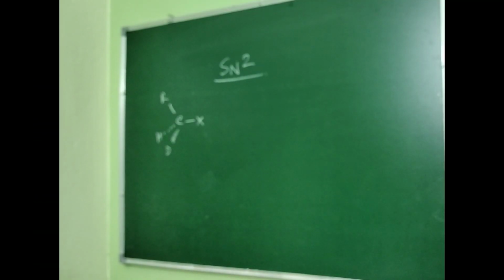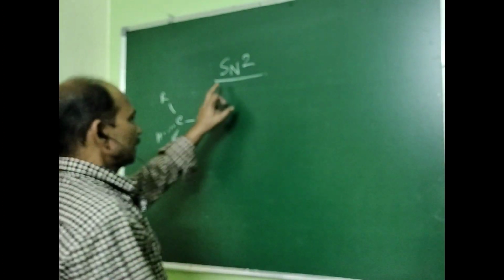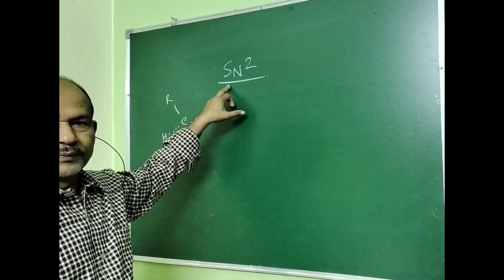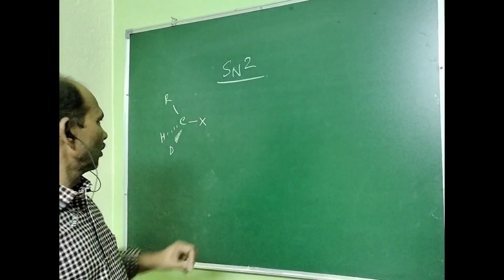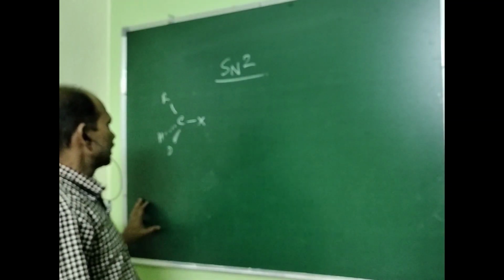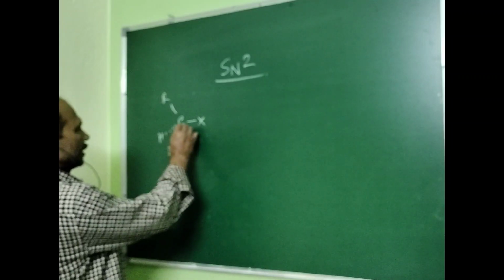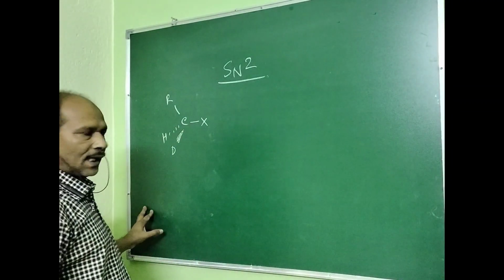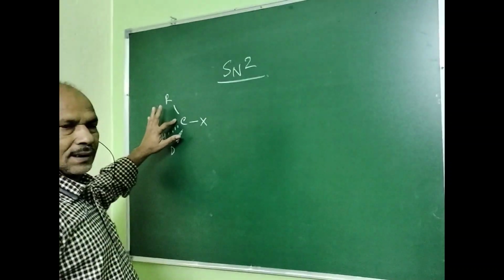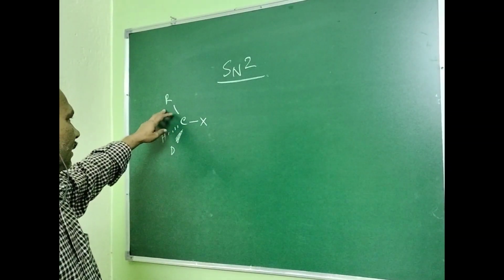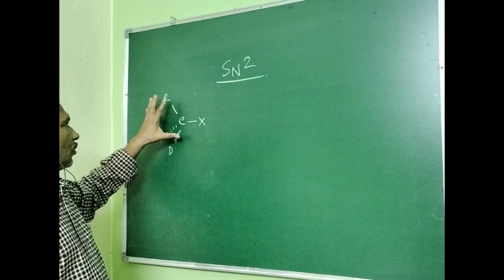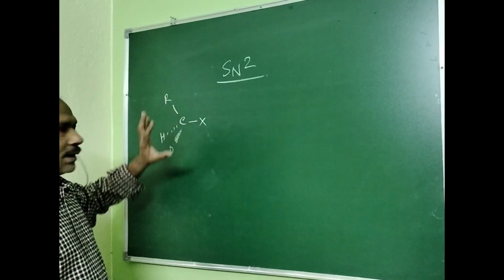Now I will discuss the SN2 reaction, that means the substitution nucleophilic bimolecular reaction. In the case of the SN2 reaction, the substrate is an alkyl halide. I am taking an alkyl halide in which the four substituents are different.